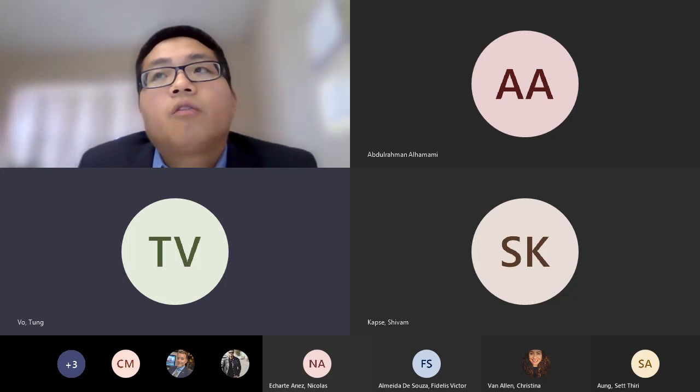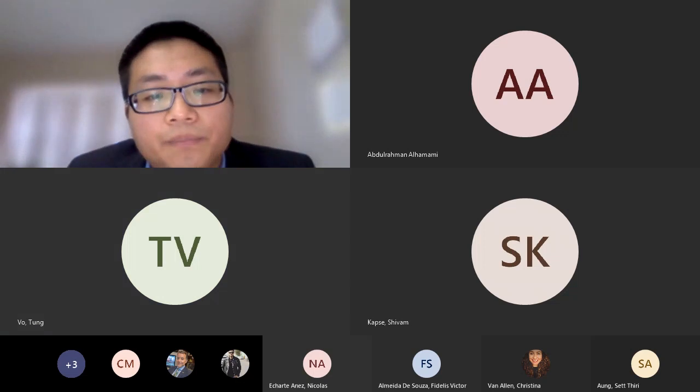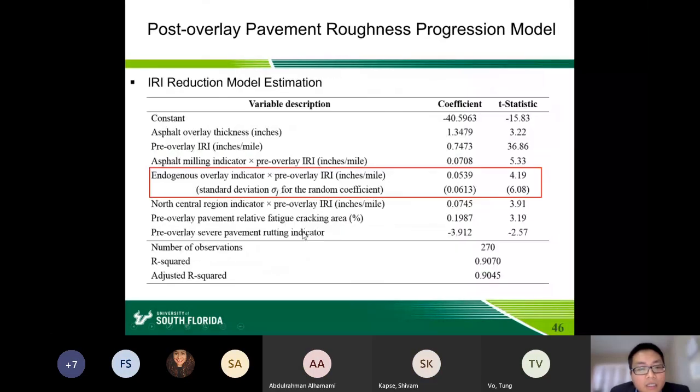I think, for example, as we can see, the endogenous overlay design is random, as shown in the presentation here. The endogenous overlay indicator, like on page 46, is a random effect. It means the pavement section was designed by different people.